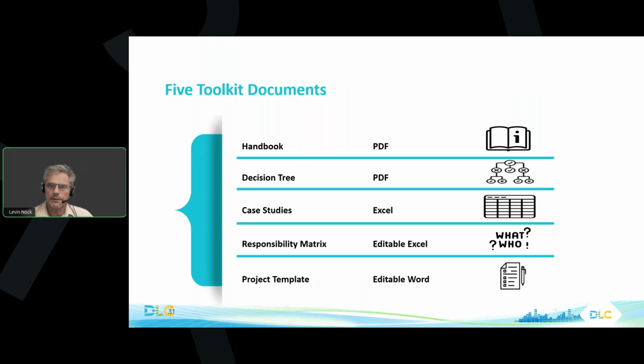For thermostat projects, this decision tree is probably the most valuable part of the toolkit to choose which buildings are good candidates. And also there's a spreadsheet summary of 18 integration case studies, including lessons learned, and also documents 4 and 5 document an example project to specify who is responsible for what.